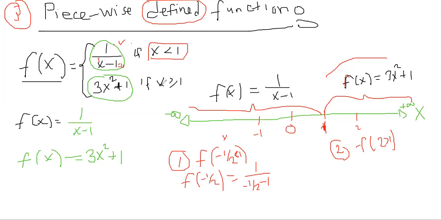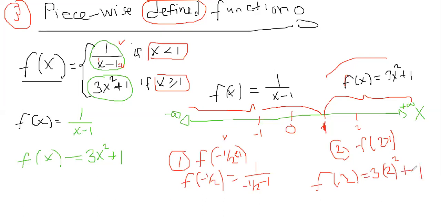In other words, if x equals 2, then this is the part of the piecewise defined function that we should use. So it will be f of 2 equals 3 times x, and we know that our x is 2 raised to the power of 2, then plus 1.